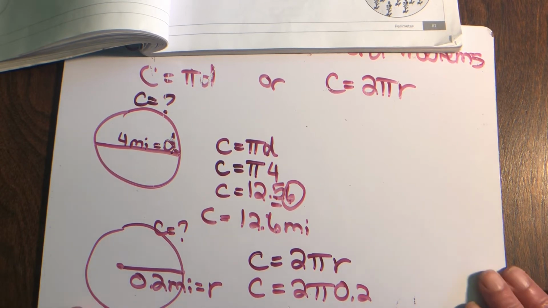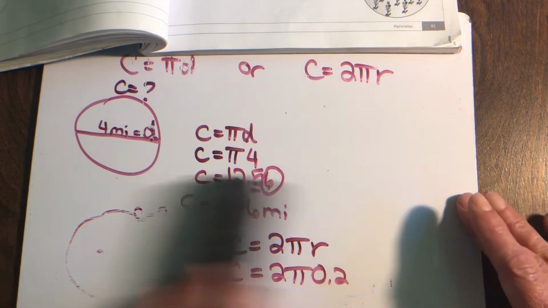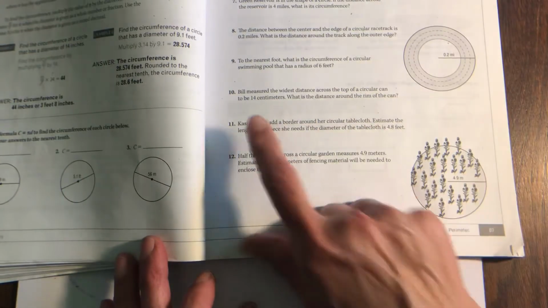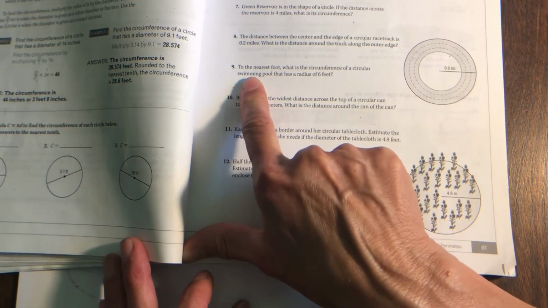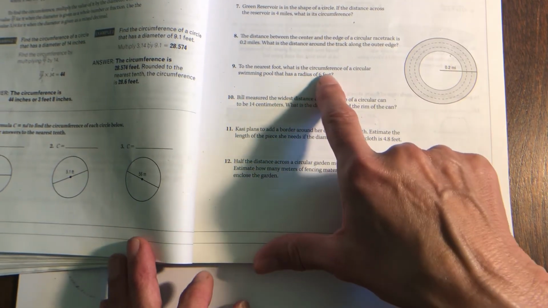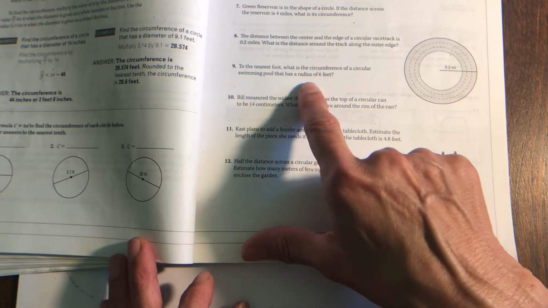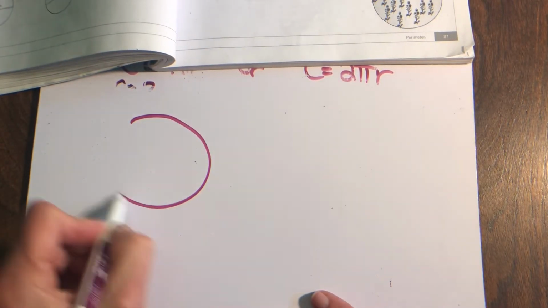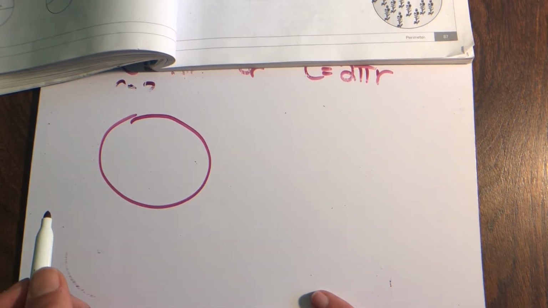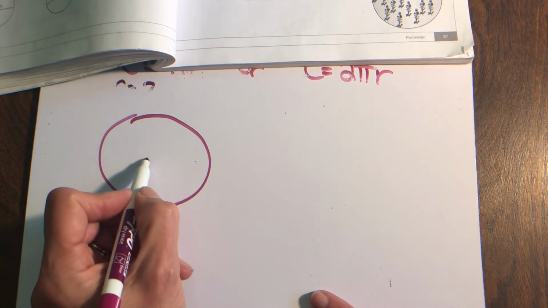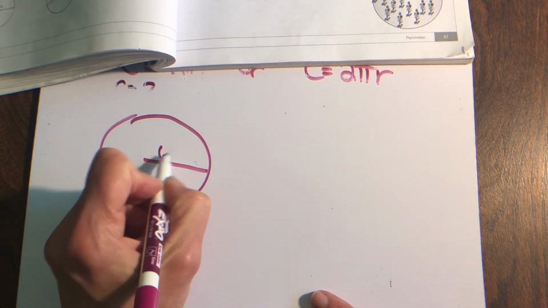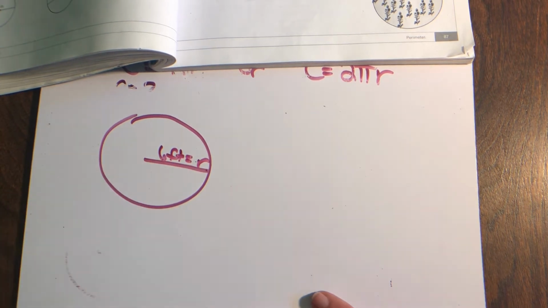All right, let's do another one. To the nearest foot, what is the circumference of a circular swimming pool that has a radius of 6 feet? Okay, so a circular swimming pool that has a radius, so you're supposed to know that the radius starts in the center and goes out, of 6 feet, and go ahead and label it.